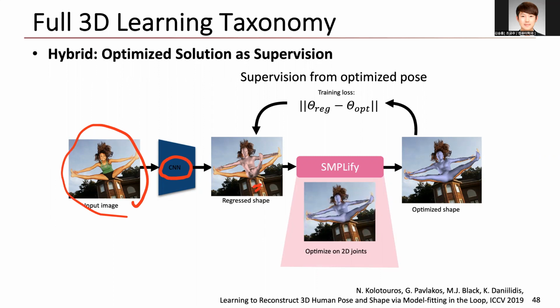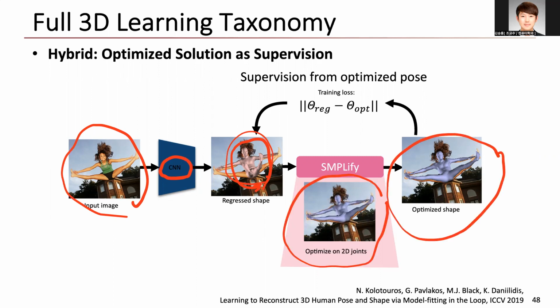We use this as the initial 3D parameter, and by fitting this 3D model to the input images like this, we finally achieve the optimized shape like this. So this is the hybrid method to estimate a 3D model in ICCB 2019.